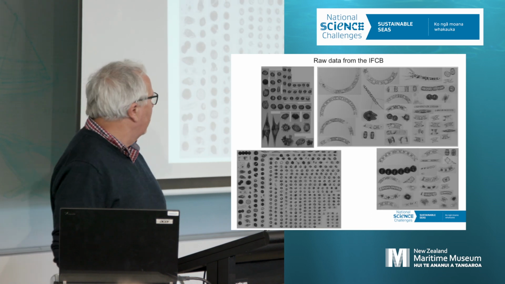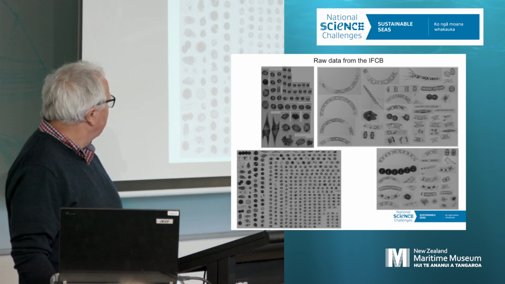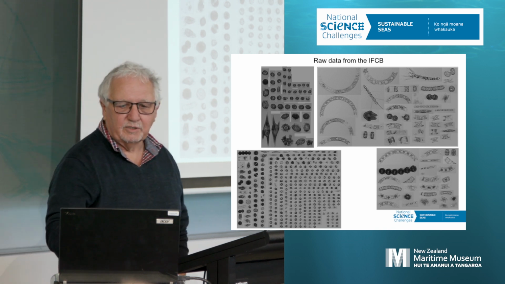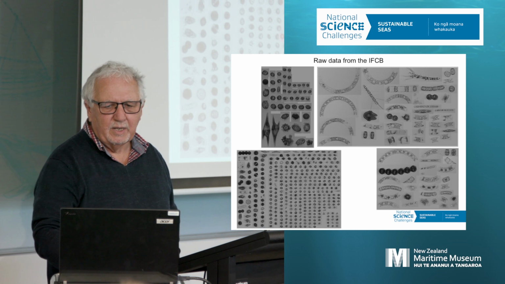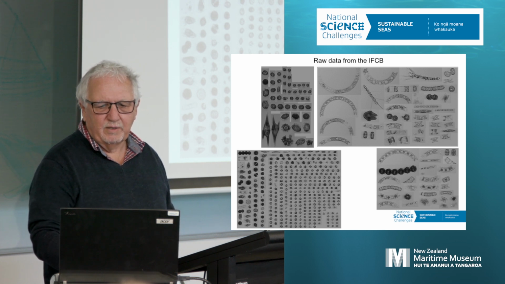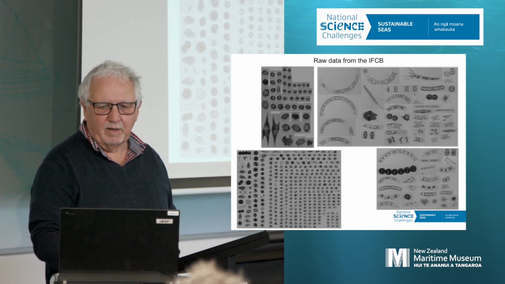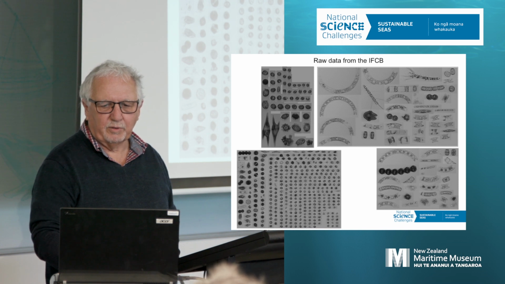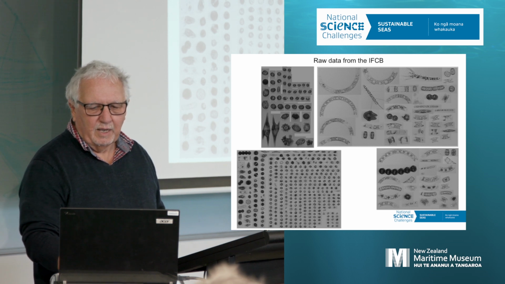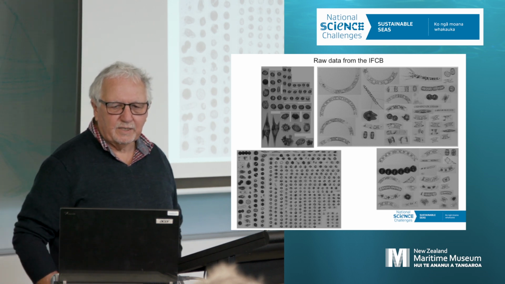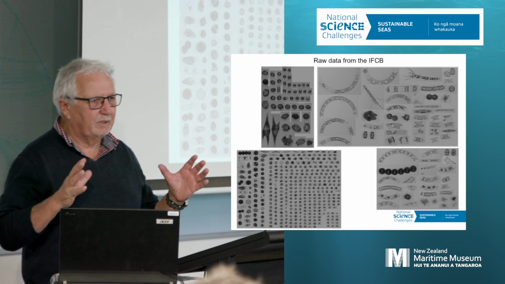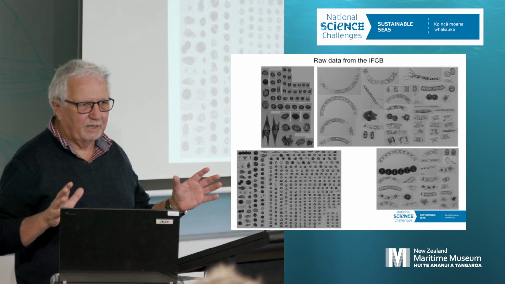This is the sort of raw data you get from the instrument: loads and loads of pictures of cells, and the ones that we're really concerned about are relatively easy to spot. These ones here, this one here, this one here, amongst all the others. But it gives you everything in the plankton.